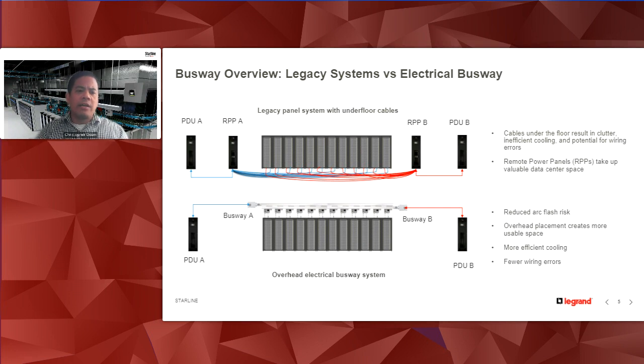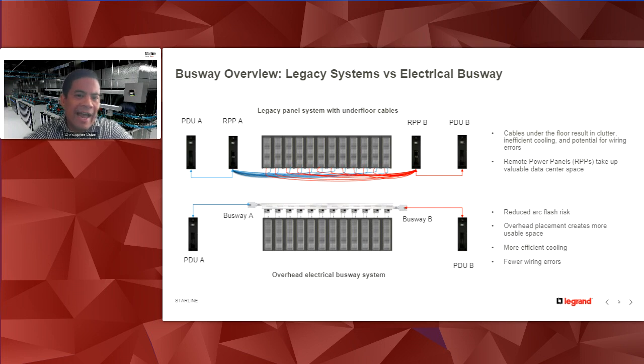And that's really when busway became a standard in data centers. It took that RPP topology where you would route power under floor, removed that, and pulled it overhead above the rack. You can see in the bottom image, RPPs are no longer in the picture.